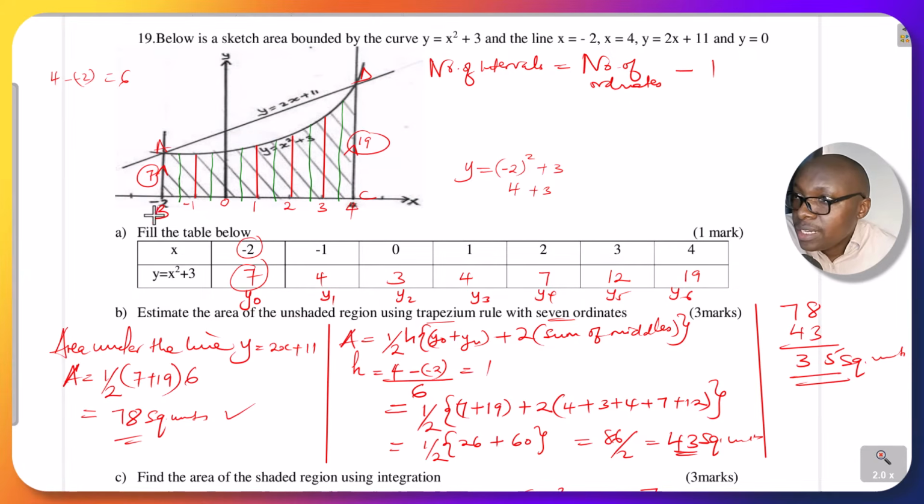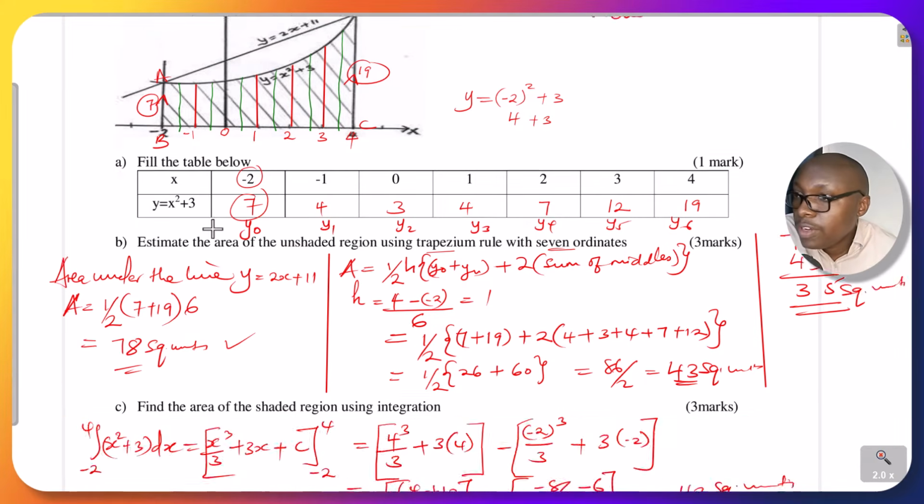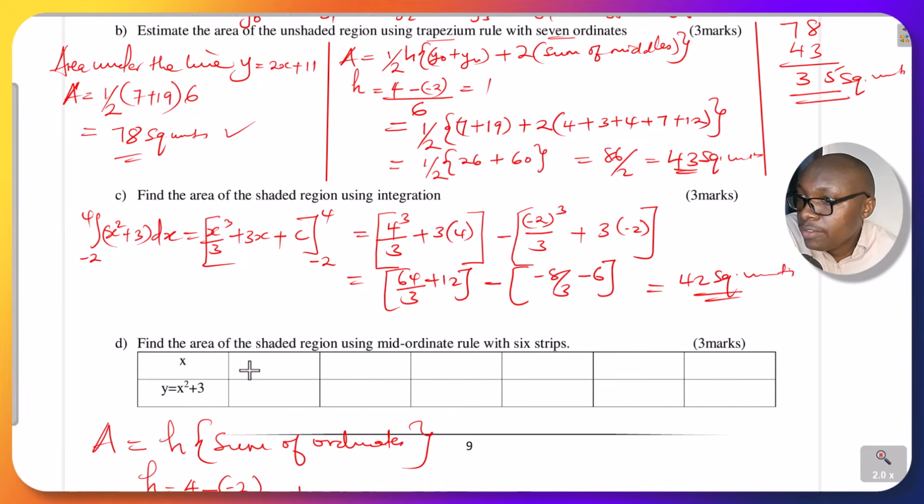So now we extract these. So between -2 and -1, the midpoint will be -1.5. Okay, I'm sorry, the first one was negative 1.5, exactly between negative 2 and negative 1.